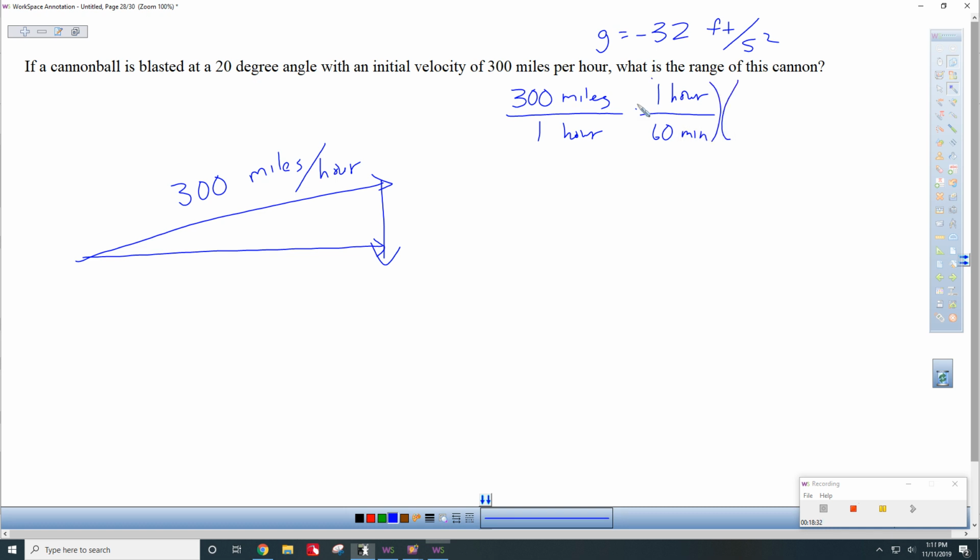Oops. Now I'm just all of a sudden changing to brackets. 60. Sorry. 1 minute has 60 seconds, times, we need feet, 5,280 feet in 1 mile.